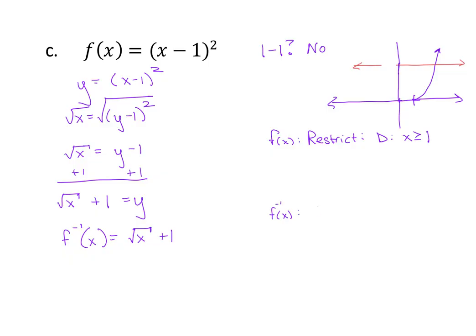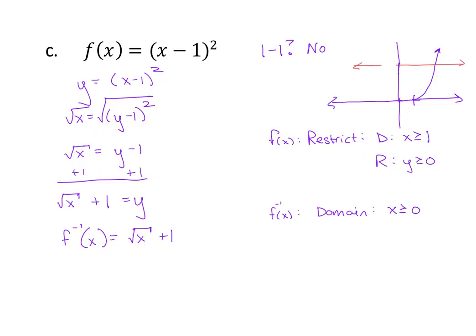All right, we want to know what is the domain of our inverse function. And our domain is x is greater than or equal to 0. If we look at our restricted domain up here on our graph, what is the range? The range is y is greater than or equal to 0.